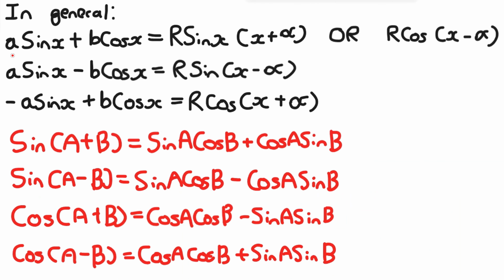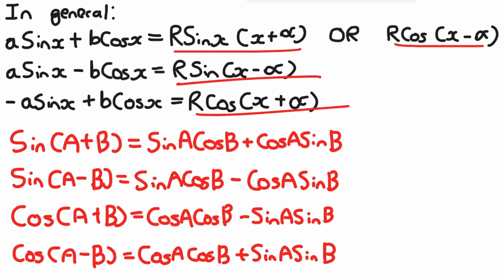So in general, these are the three possibilities that you could be asked. This, and this here, with the difference being the minuses or pluses in front of the sin and the cos, and then this is the form that you need to write it in. Now, to be honest, I don't think that you need to remember this, and the reason is because in all of the exam questions that I've seen, like the questions that I've already written in this video, they will tell you in the question which form to write it in, so therefore you don't need to remember this, it's not necessary.